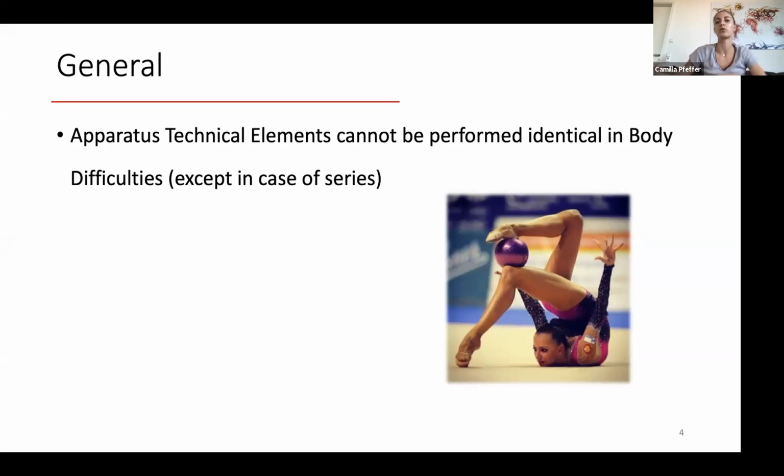For example, I do a roll over 2 arms in a balance. And next, I want to do also an element with the roll. There are certain things that I can change. So the roll is not completely identical, but different, and I can use the roll again. So are there any ideas what we can change?